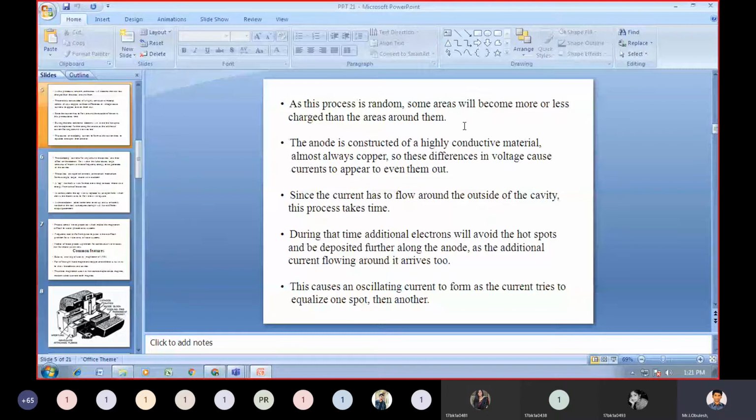The anode is constructed of a highly conductive material, almost always copper, so these differences in voltage cause currents to appear to even them out.